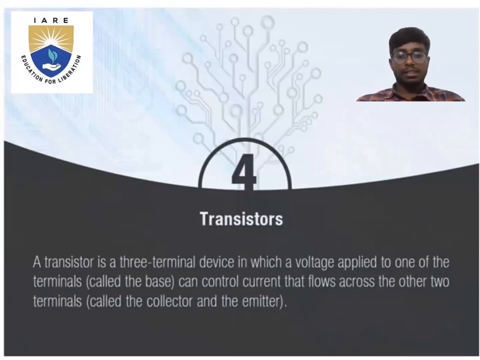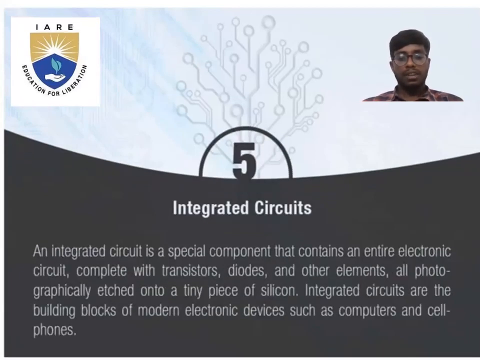Fourth one, transistor. A transistor is a three-terminal device in which a voltage applied to one of the terminals, called the base, can control current that flows across the other two terminals, called the collector and the emitter. Integrated circuits.